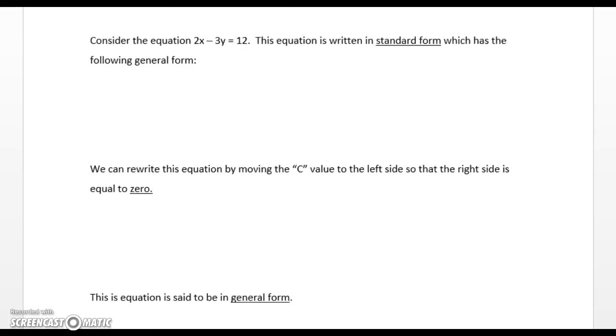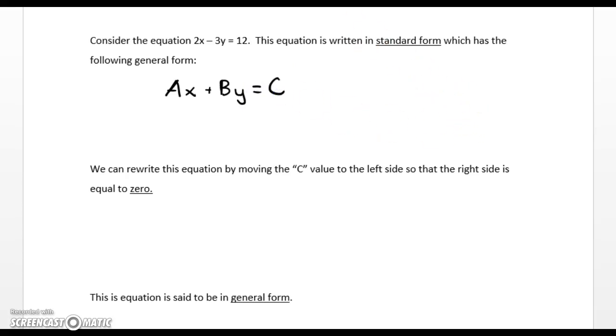If we were to consider the equation 2x minus 3y is equal to 12, this is written in standard form, and it has the following general form, where you have a number connected with your x value, plus a number connected with your y value, and it's equal to some sort of number.